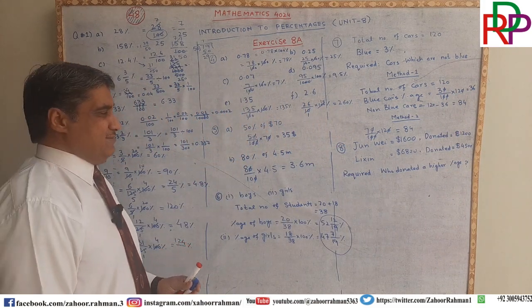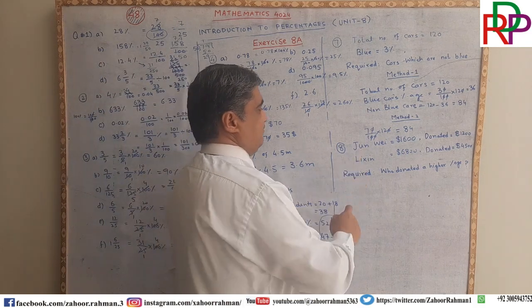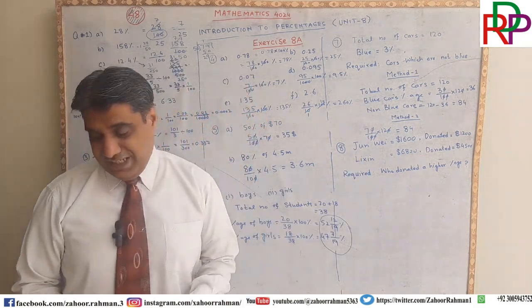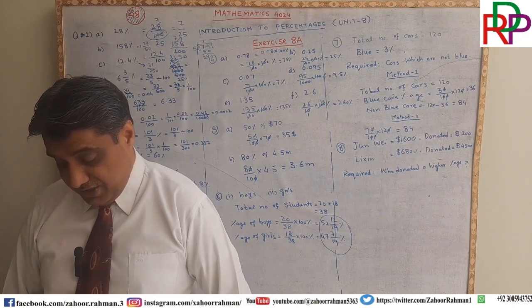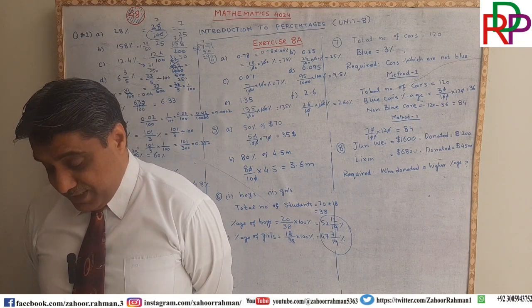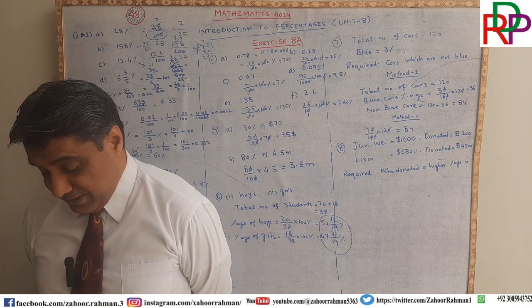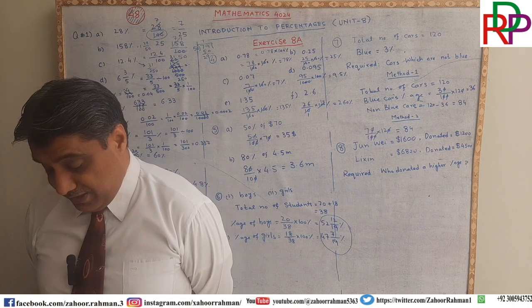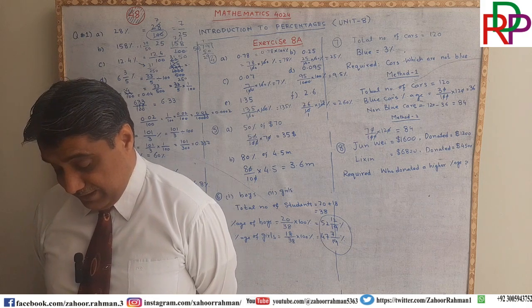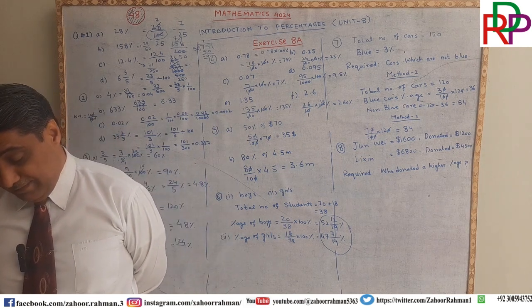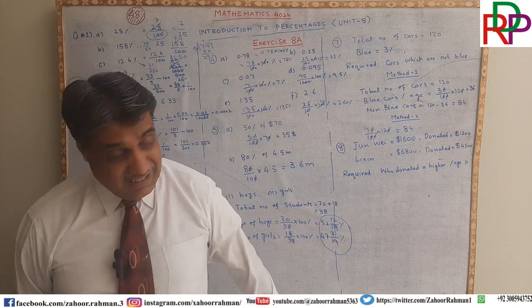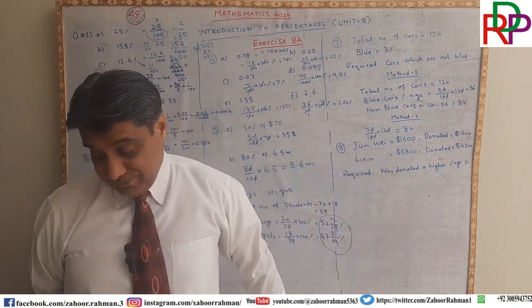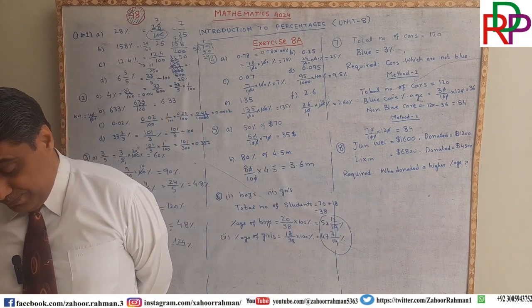Now, ladies and gentlemen, question number 8. Junwei and Lexon. These are the two people involved in this question. Junwei is a bus driver who earns $1,600 per month, while Lexon is a manager who earns 6,800 per month.